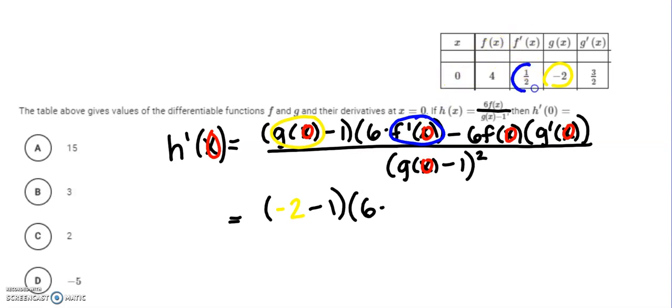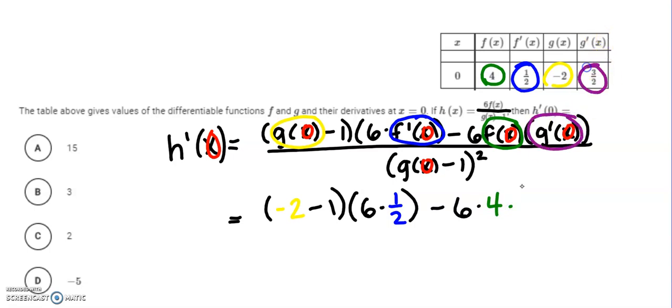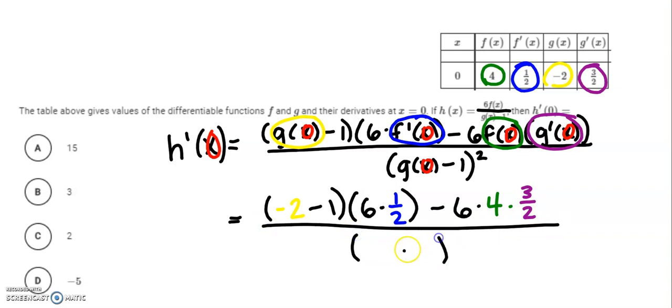F prime of 0 is 1/2 minus 6 times f of 0 is 4 times g prime of 0 is 3/2, all over. We still have this minus 1 in this square, so I still need to find g of 0 again, which I already found was negative 2.